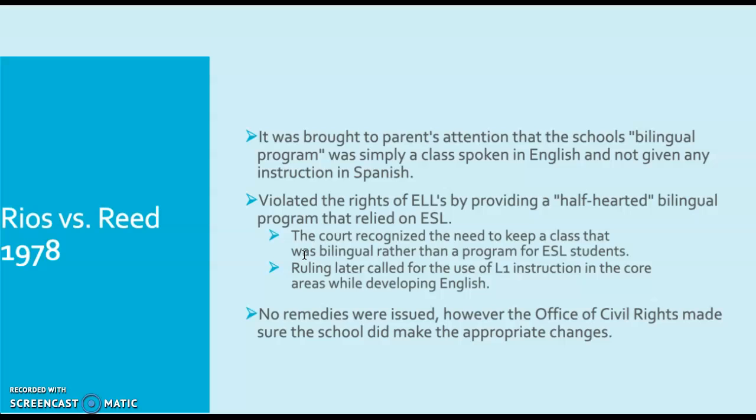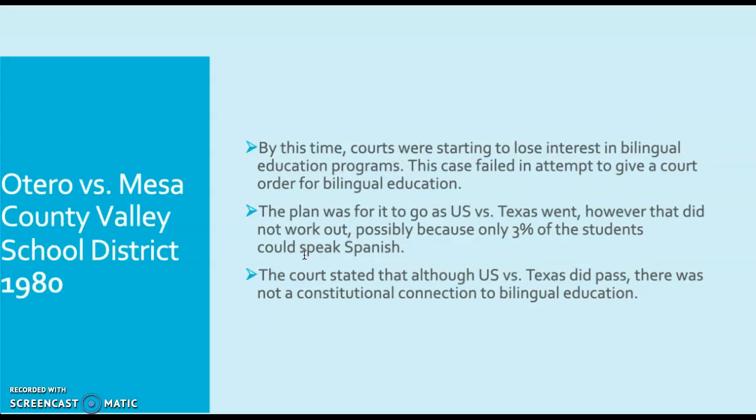A ruling later called for the use of L1 instruction in the core areas while developing English. Although no remedies were issued, the Office of Civil Rights made sure that the school did make appropriate changes later on to help the success of the ELL and ESL students.